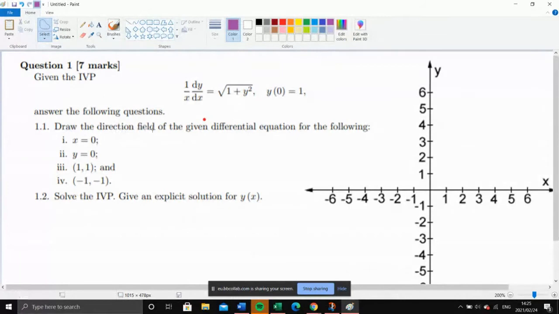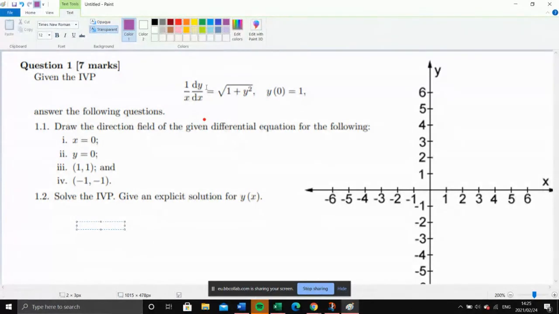So, draw the direction field of the given differential equation for the following: x is equal to 0, y is equal to, and so on. The first thing I do is take my differential equation and put it into the form dy/dx is equal to something.